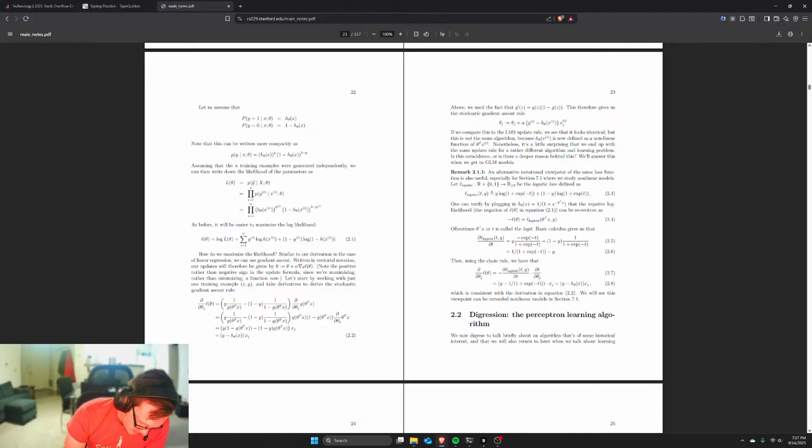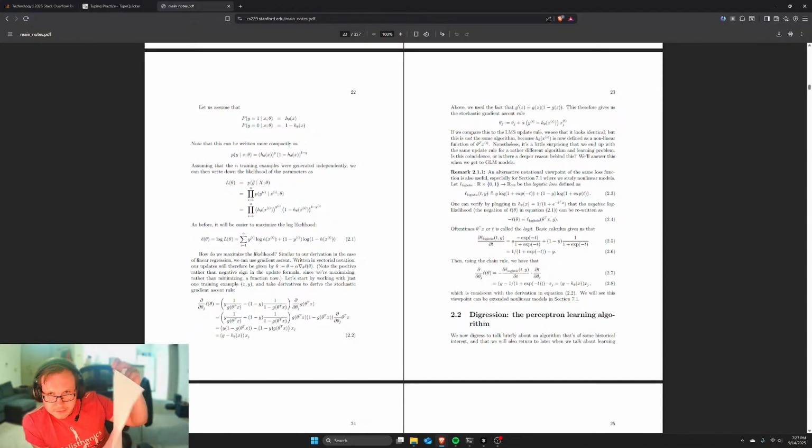So d/d theta j L of theta is equal to that. So it's the same, which is interesting.